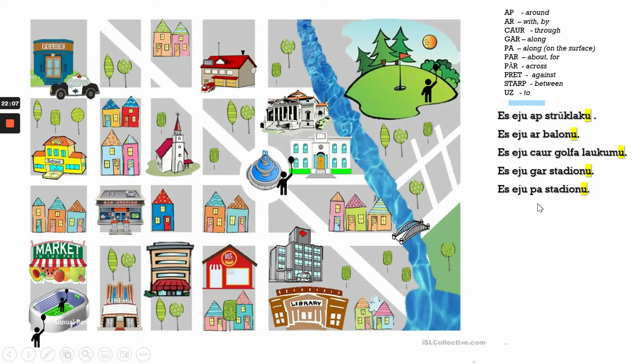So gar and pa usually are translated the same, but I would always say to my students, when it's gar, you are next to that thing. When it's pa, you are on the surface. Es braucu gar policiju. So that's me in this car and I'm driving past the police. Es eju pār tiltu un domāju par latviešu valodu.